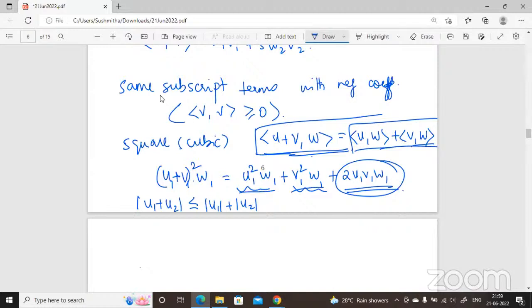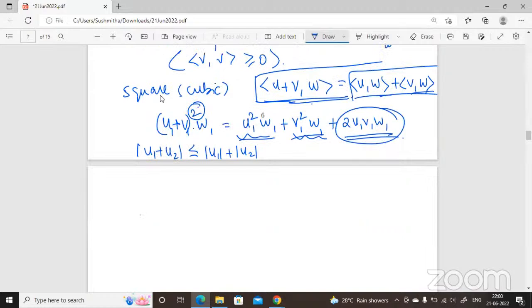For example, when such terms appear, like u1 squared w1 plus v1 squared w1 plus 2 u1 v1 w1, the square term I should not look at; I should see only the cross term. No. When you have something like this itself, it is not an inner product. So from there itself I should stop checking other conditions as well, right?